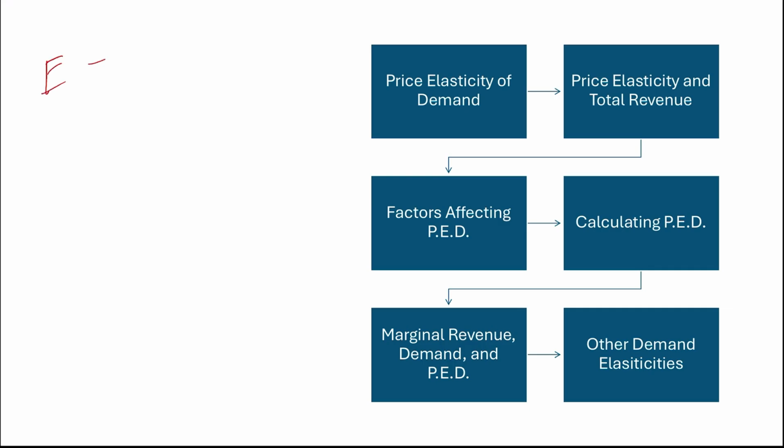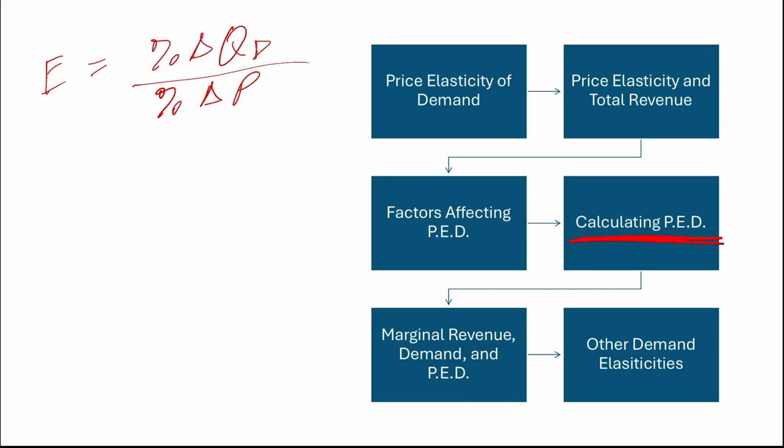So the elasticity equals our percentage change in quantity demanded divided by the percentage change in price. And so we can look at this at a given point. We can think about the elasticity between 2 points in the demand curve, and we'll focus on calculating this later on.